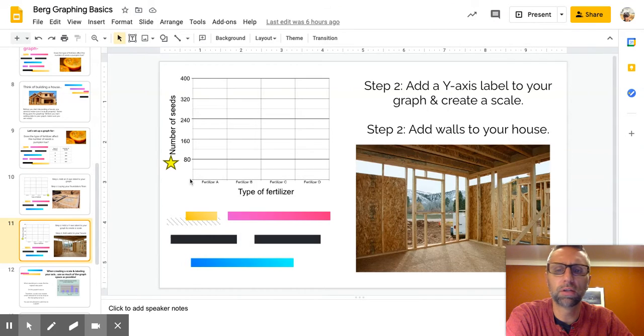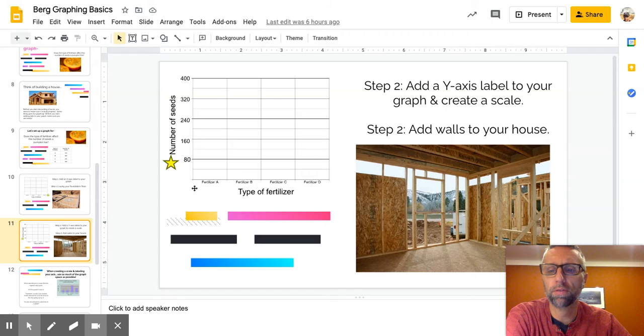And we also have to make sure we understand what would be the smallest point we could put. We're talking about number of seeds that a pumpkin could have, and I guess it's possible that a pumpkin could have 0 seeds. So a lot of the time, it makes sense that our dependent variable on the y-axis, when we number that scale, usually it will start at 0.